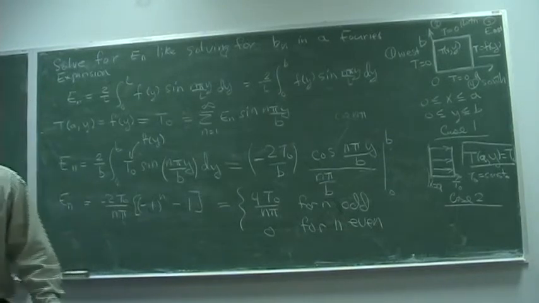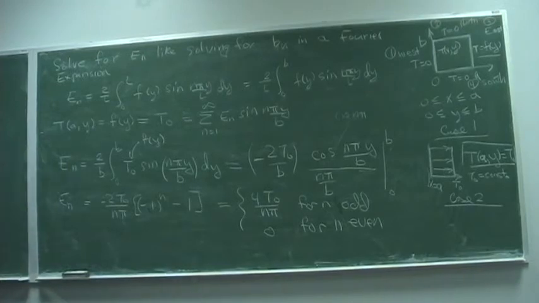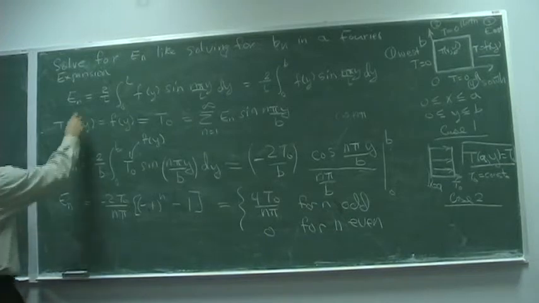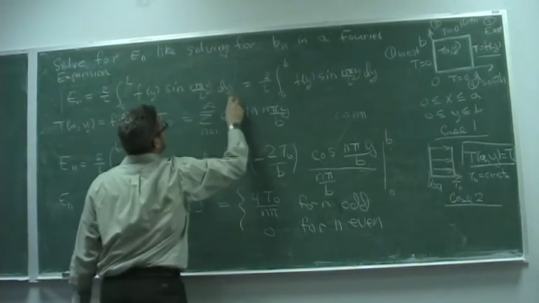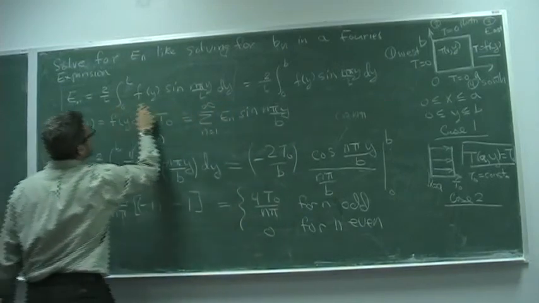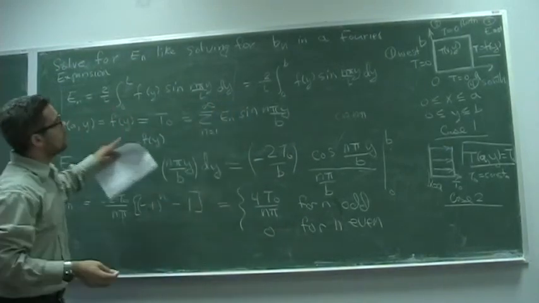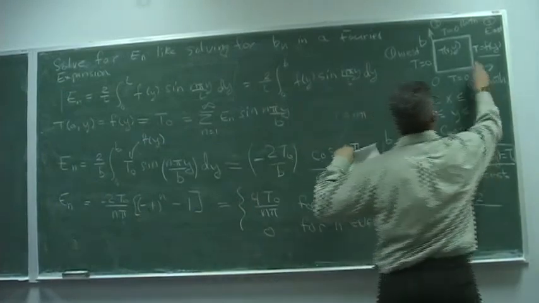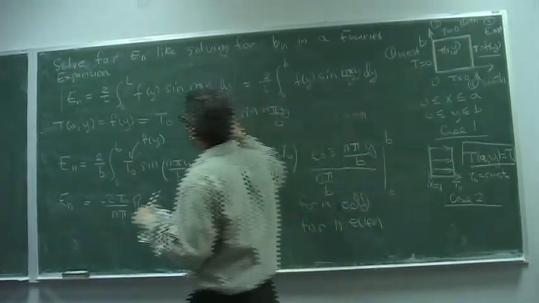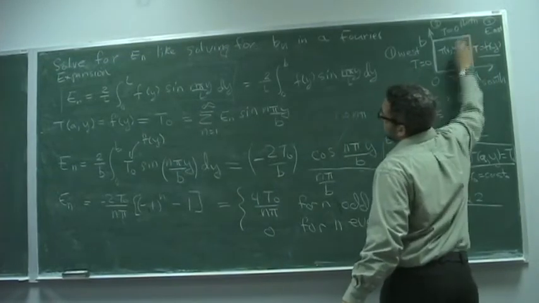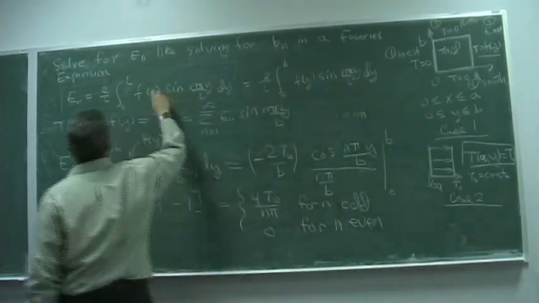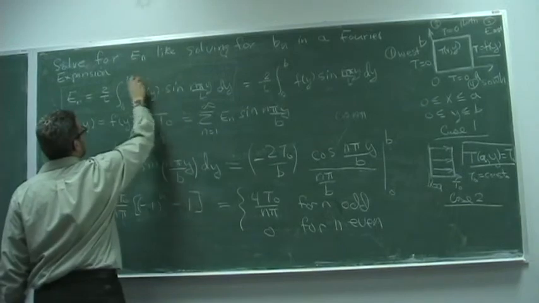Okay? So here, what we have done is we have taken what we had on our cheat sheet, basically, right here, looked at our period, our 0 to L is 0 to B, and we integrated over our period where it's valid from 0 to B, and our equation said we just put our function in here.